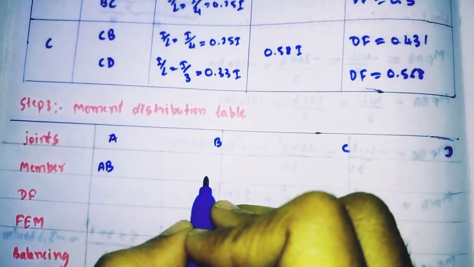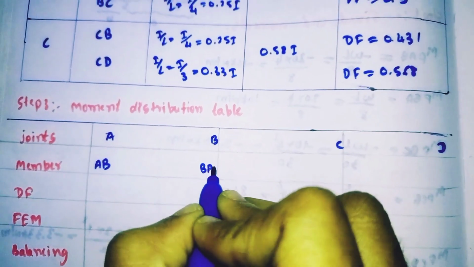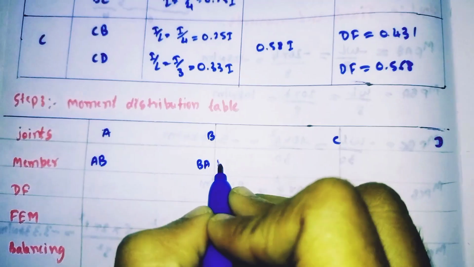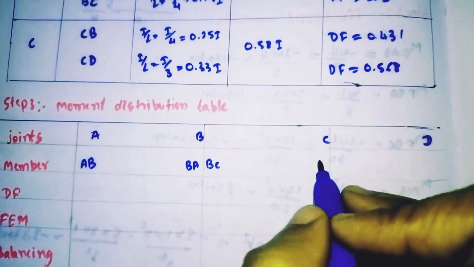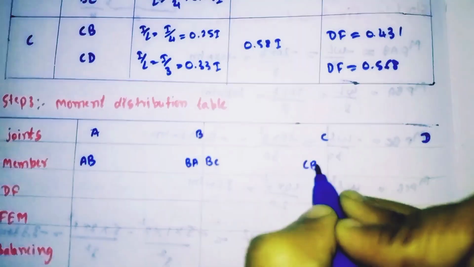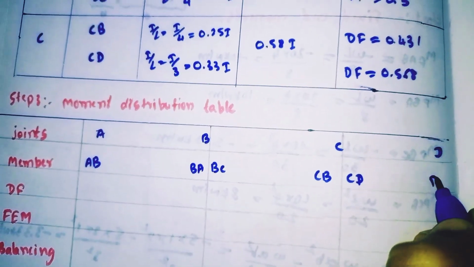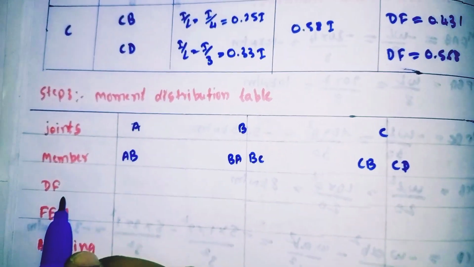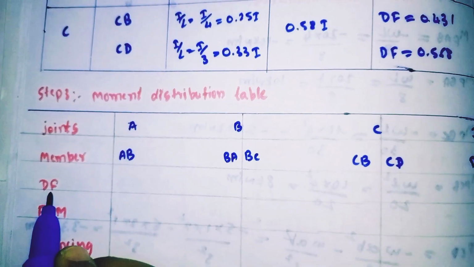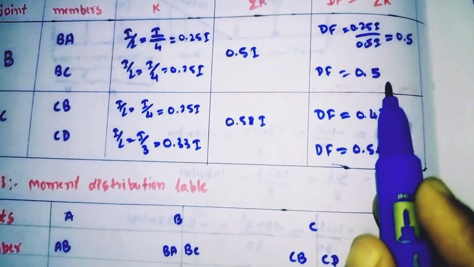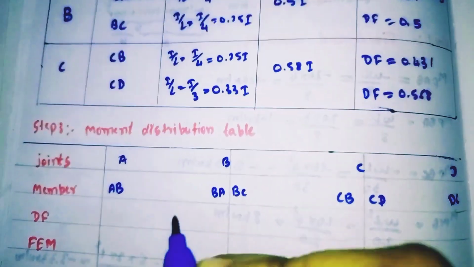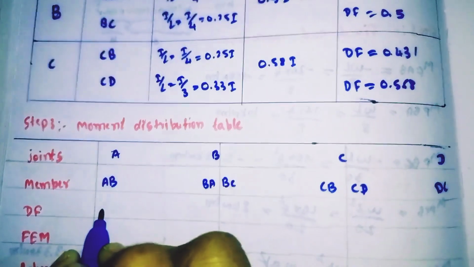For B we have the member BA as well as BC, for C we have the members CB and CD, and here we have DC. The second row is the distribution factor which we calculated just now. We need to put these values here. For AB we don't have a distribution factor value.